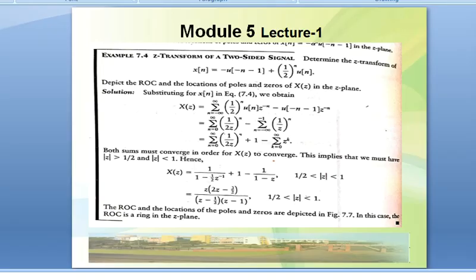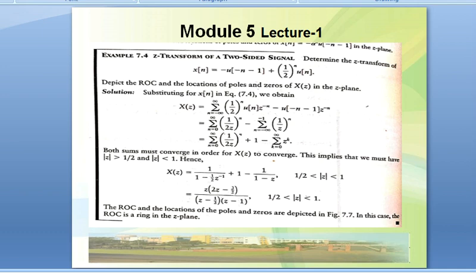And as per this, we have z into 2z minus 3 by 2 after solution, z minus 1 by 2, z minus 1. So the zeros of this equation are z is equal to 0 and z is equal to 3 by 4.